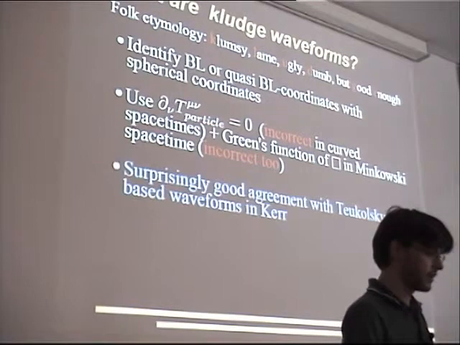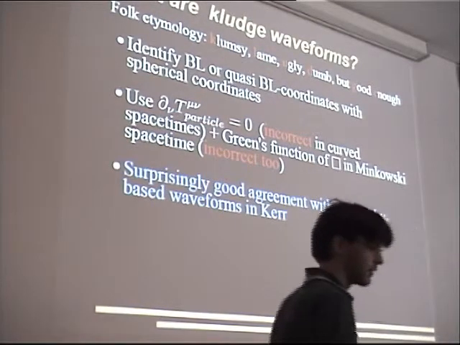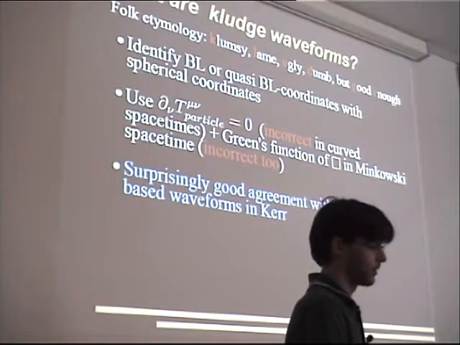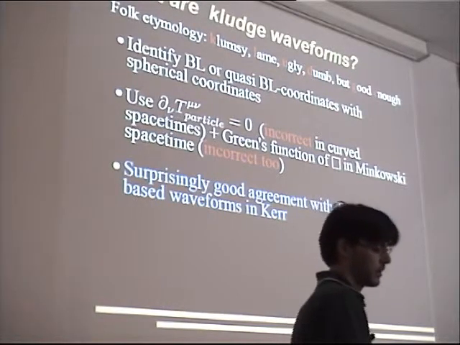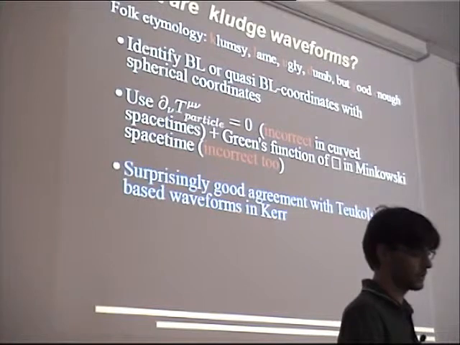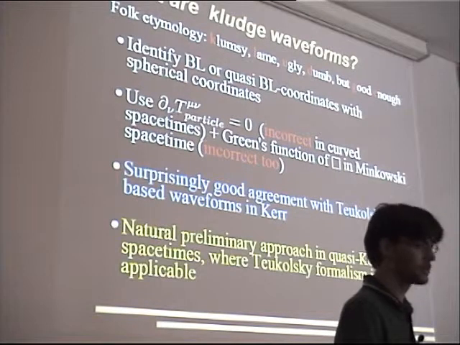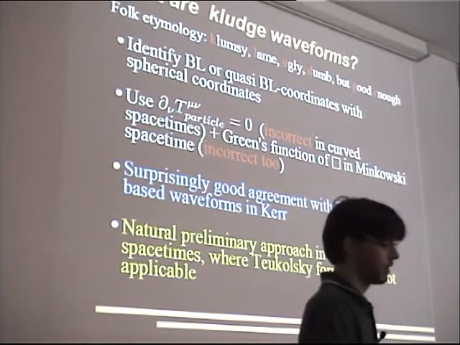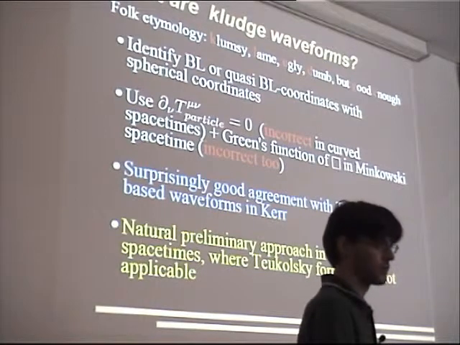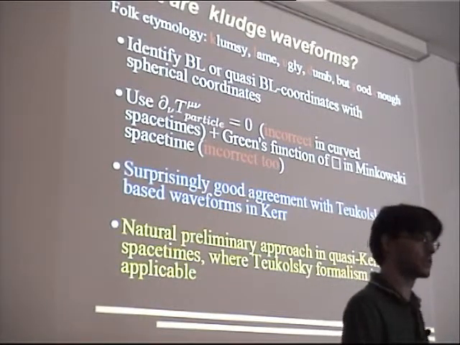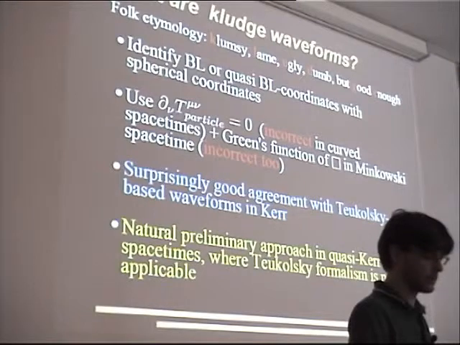But surprisingly enough, you get a good agreement with Teukolsky-produced waveforms in Kerr. And so I think this is the natural preliminary approach in non-Kerr spacetimes, where of course you don't have, as you have learned from Kostas, the Teukolsky formalism.